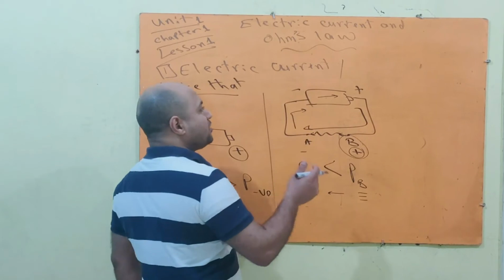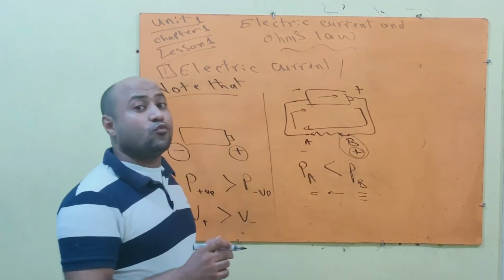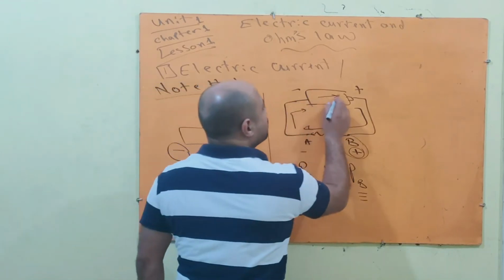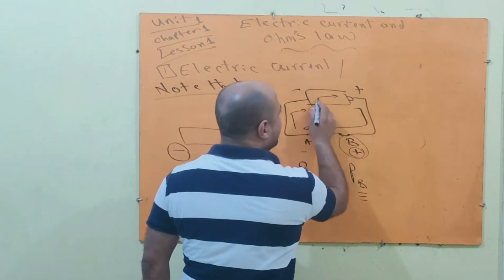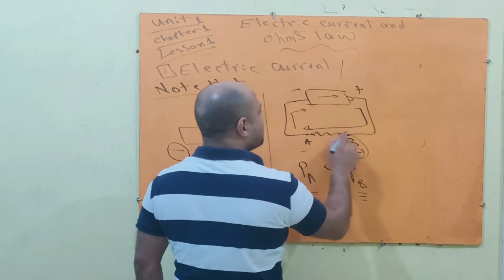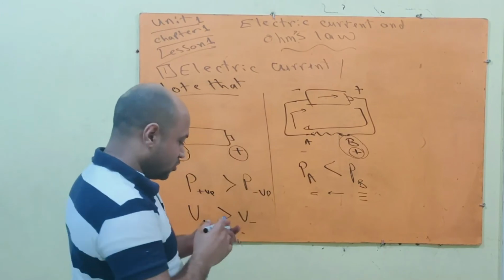But if I asked you, inside the cell, the electric current flows from what to what? From negative to positive. Again, so in the source itself it is from negative to positive, but in the external circuit from positive to negative. Okay? Now we will say one more thing.